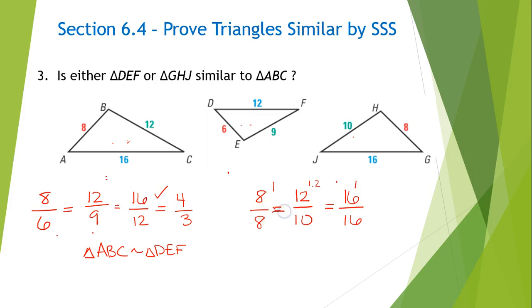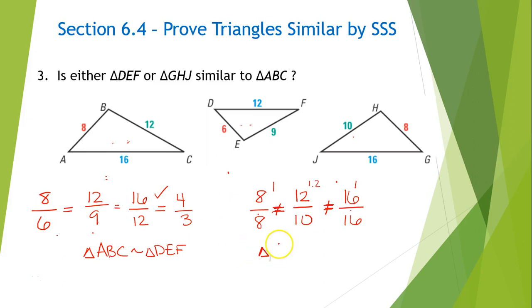So none of these proportions, except for 8 over 8 and 16 over 16, are equal to each other. But they all three have to equal each other, or the side-side-side statement is not true. They're not similar triangles.